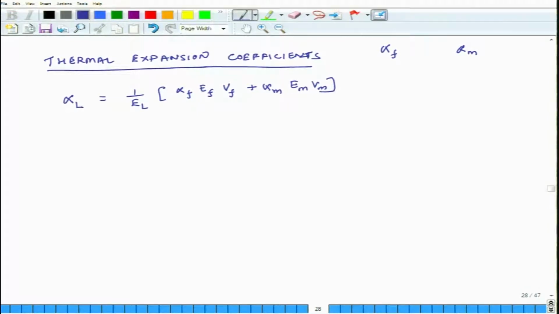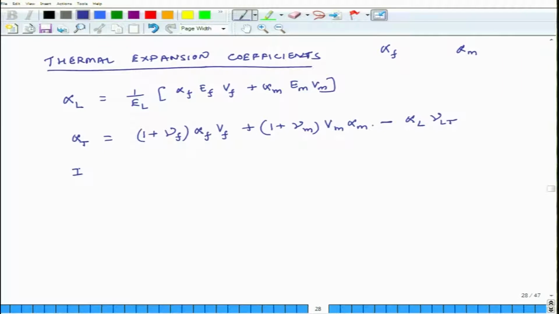So, this is in the longitudinal direction, and in the transverse direction it is 1 plus Poisson's ratio of the fiber times alpha f V f, plus 1 plus Poisson's ratio of the matrix times V m alpha m, minus alpha L nu L T.